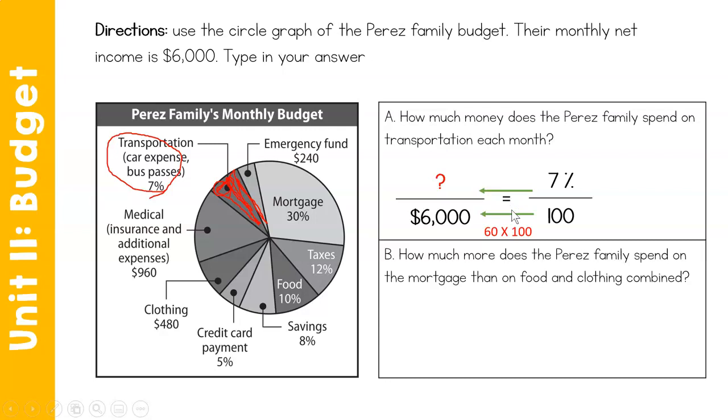And if I do that to the bottom, then I for sure need to do that to the top. So I'm going to take that 7 and multiply it by 60 as well, and I'm going to get that that is equivalent to $45.